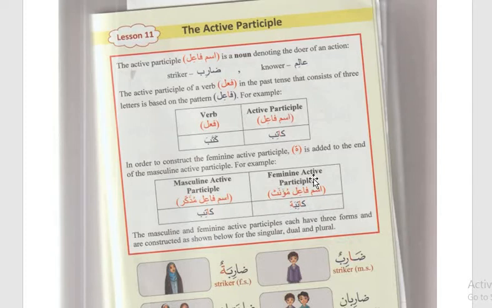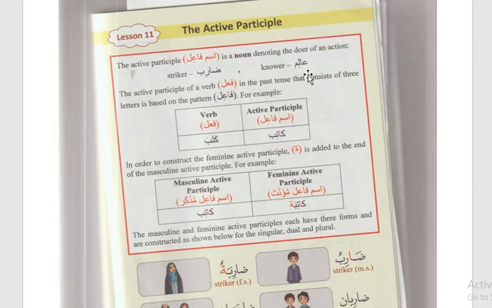So for the feminine active participle, we add ta marbuta to the masculine active participle. Whenever we have katib and we want to change it to feminine, we add ta marbuta: katibatun. If I have darib, this is masculine active participle. How do I change it to feminine? I add ta marbuta here. It becomes, yes, daribatun.